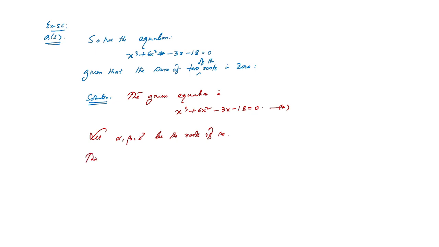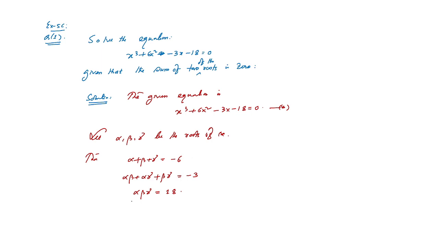Then what is the relation between roots and coefficients? Alpha plus beta plus gamma will be minus 6 by 1, that means minus 6. Alpha beta plus beta gamma plus alpha gamma will be minus 3. And alpha beta gamma will be 18.